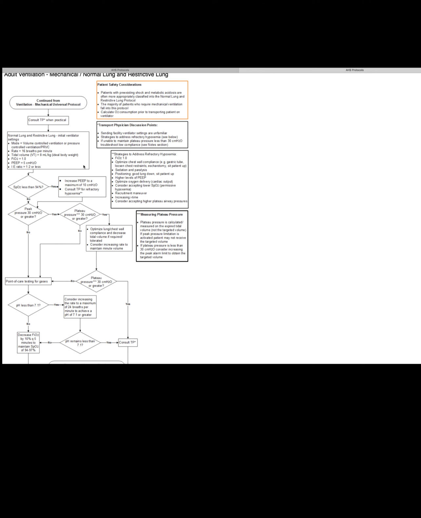It truly is a pressure controlled ventilator, but it does target a specific volume. Exactly, and it picks the appropriate pressure in order to achieve that volume, and that's where people get confused: is it a volume controlled ventilator, or is it a pressure controlled ventilator? It is a pressure controlled device, and we'll talk about that later when we talk about the inspiratory flow waveforms that relate to pressure control.